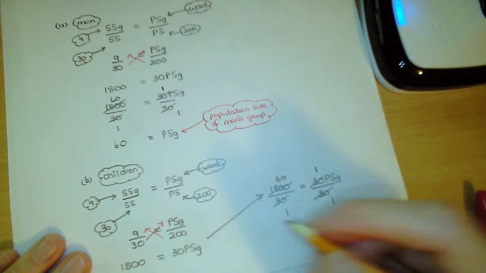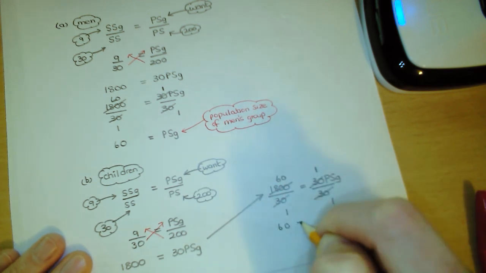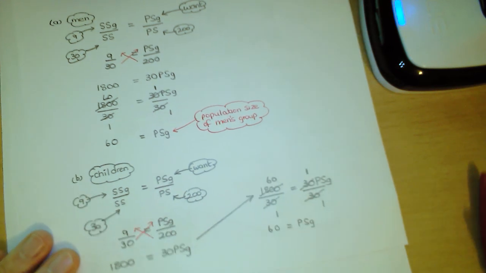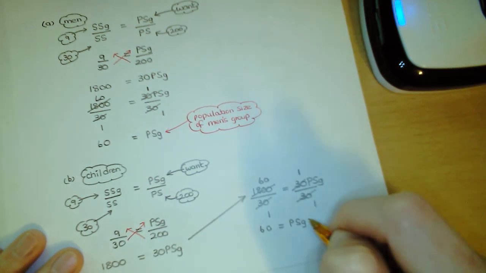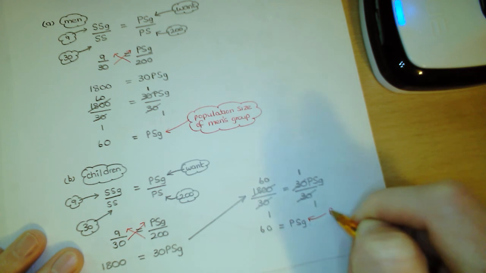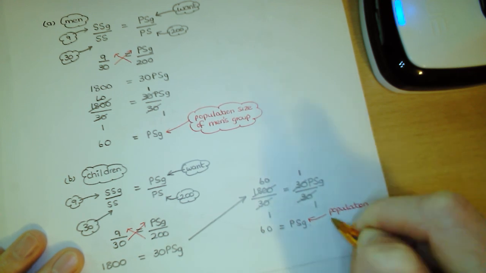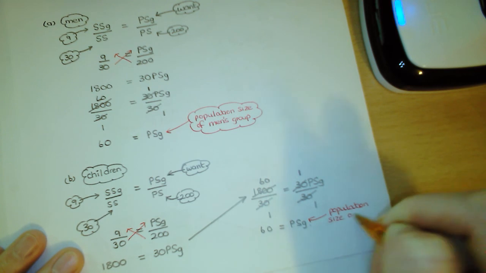So again, we're going to be left with 60 equals PSG. So in other words, that is the actual population size of the children's group.